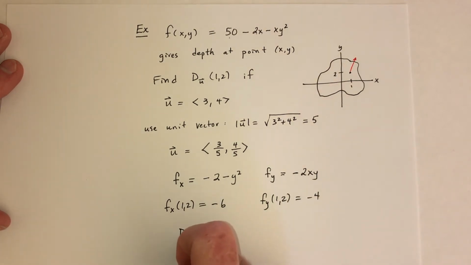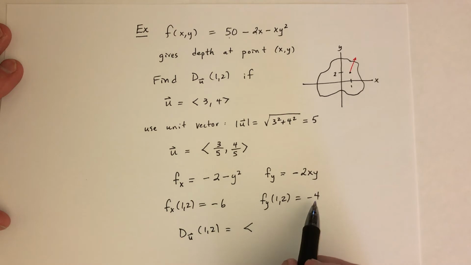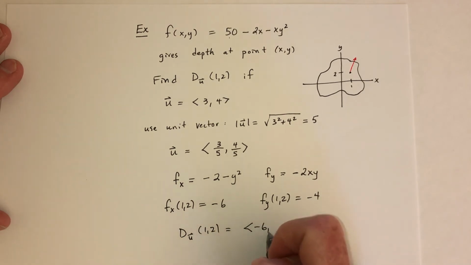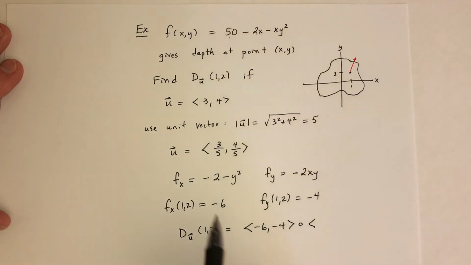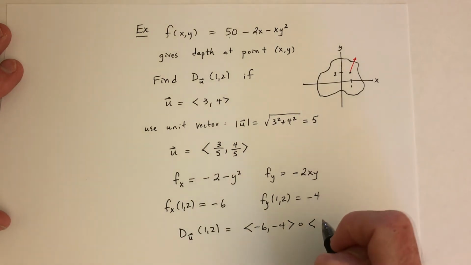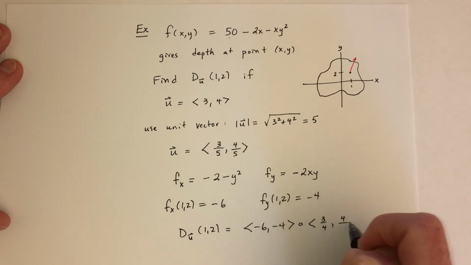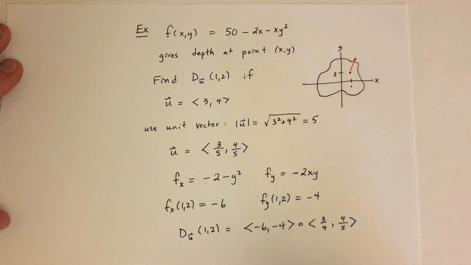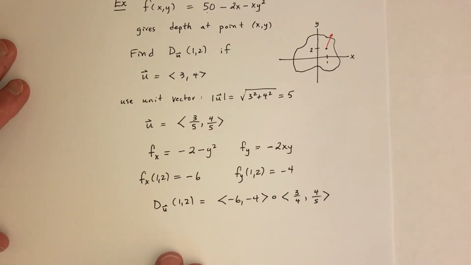And the derivative in the direction u at the point 1, 2 will be, so create a vector out of this, -6, -4, and then dot product with the unit vector. So when you do this dot product, it's controlling the direction, but because it's a unit vector, it's not making this bigger than it's supposed to be.